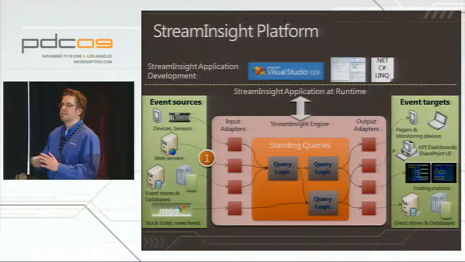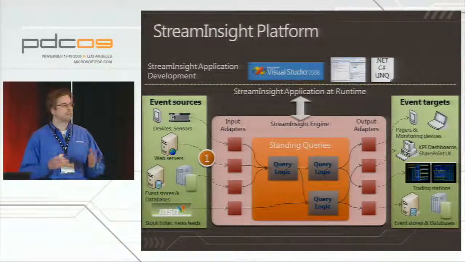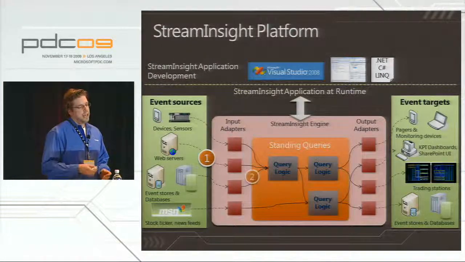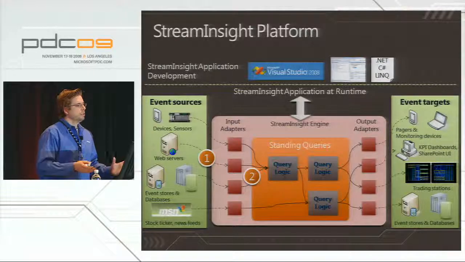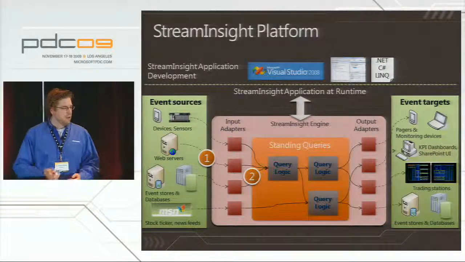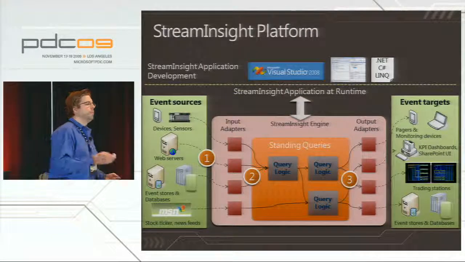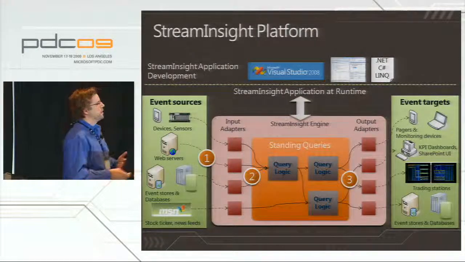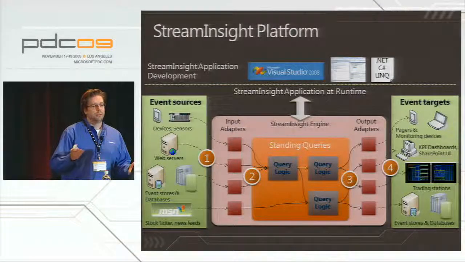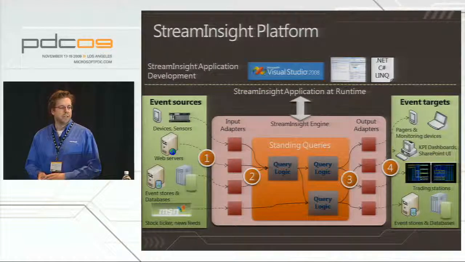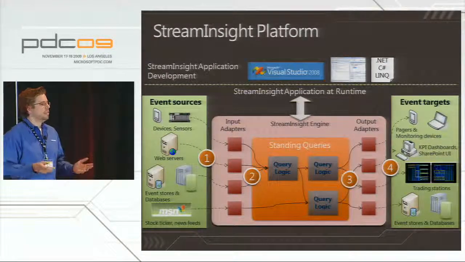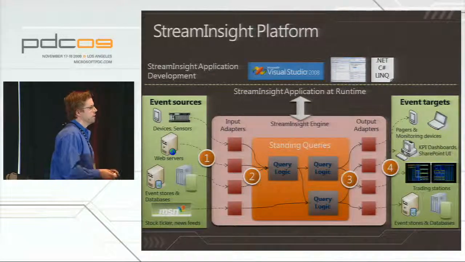Input adapters translate your proprietary event format, your event source, into the canonical StreamInsight event format, so that it can be enqueued into the standing queries, which apply the desired query logic on that input stream, producing some output. That output will then be picked up by the output adapters, which were again written against the StreamInsight API, producing some desired output on the stream end side. Could be persisting it into a database, writing to disk, visualizing it, writing it to a web service, anything on the output side.